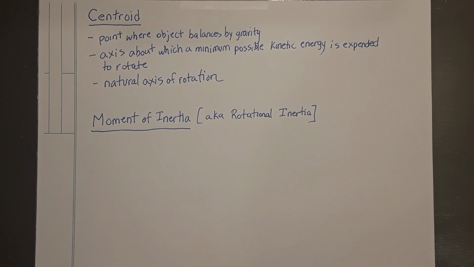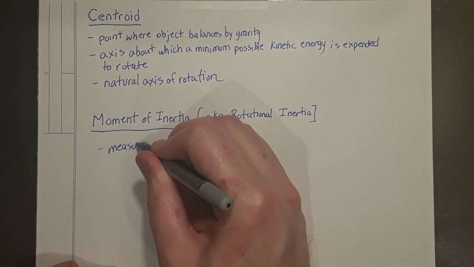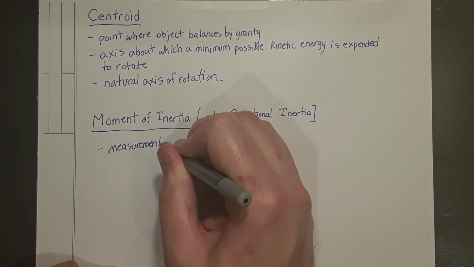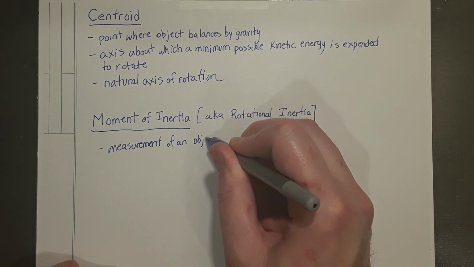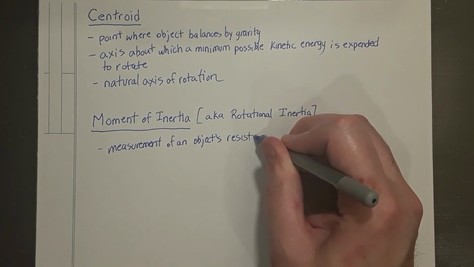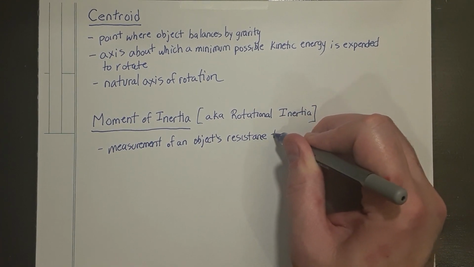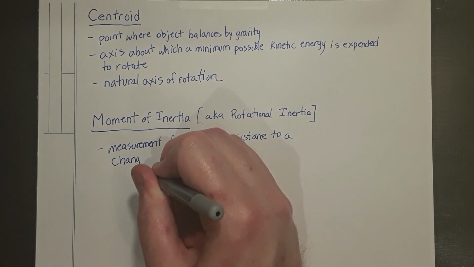Inertia in general is a measurement of an object's resistance to its change in any kind of motion, but specifically moment of inertia, or rotational inertia, is a measurement of an object's resistance specifically to a change in rotation.